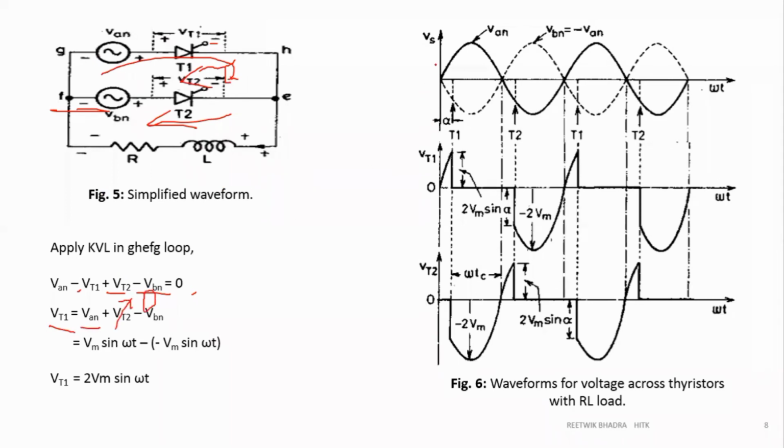What is VAN? Positive cycle, so Vm sin omega t. What is VBN? The negative part, the negative of VAN. If VAN is Vm sin omega t, VBN will be minus Vm sin omega t. So Vm sin omega t minus of minus Vm sin omega t gives you 2 Vm sin omega t.